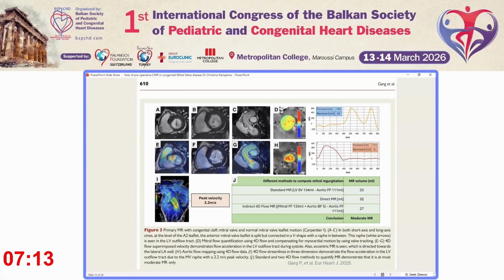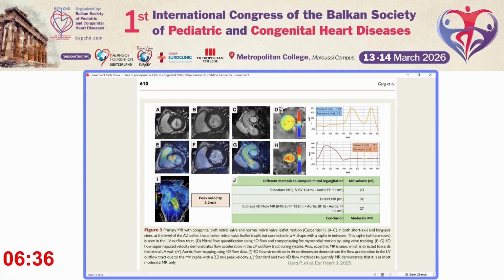Cine MRI shows a split of the anterior leaflet at the A2 segment connected by a raphe. 4D flow imaging reveals systolic flow acceleration in the LVOT and an eccentric regurgitant jet towards the left atrium. Using volumetric and 4D flow quantification methods, the regurgitation is consistently classified as moderate.